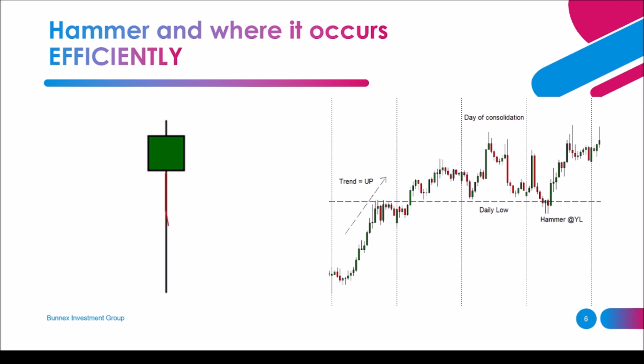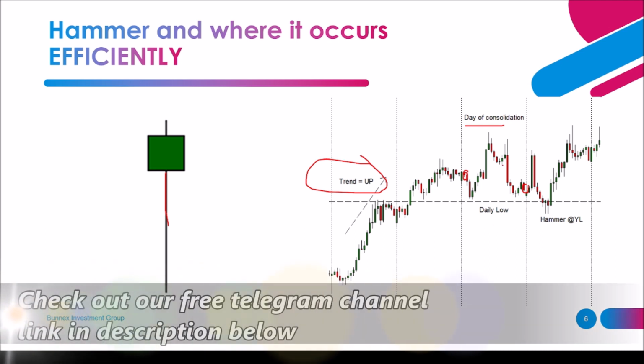In this particular case, we can see that the trend is up, or we are saying the cycle hasn't completed yet, and in that move, we had this day of consolidation, opening price almost equal to closing price. There is no drop or rise in that particular day.